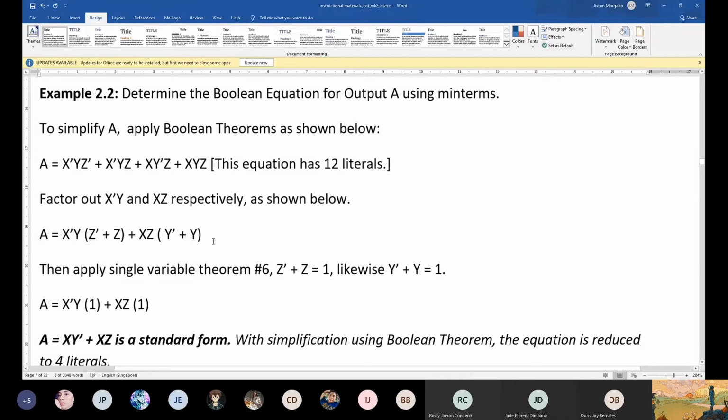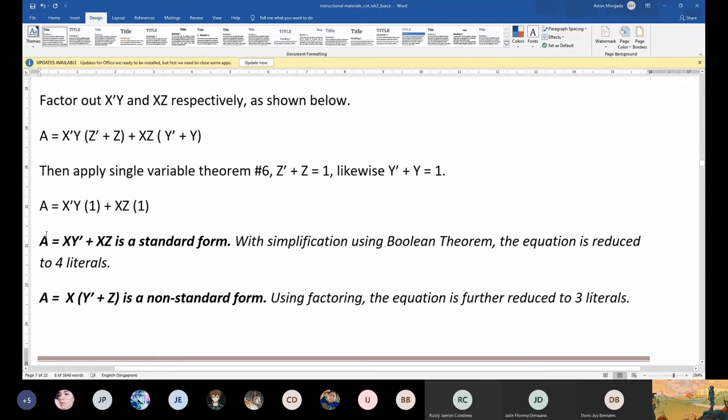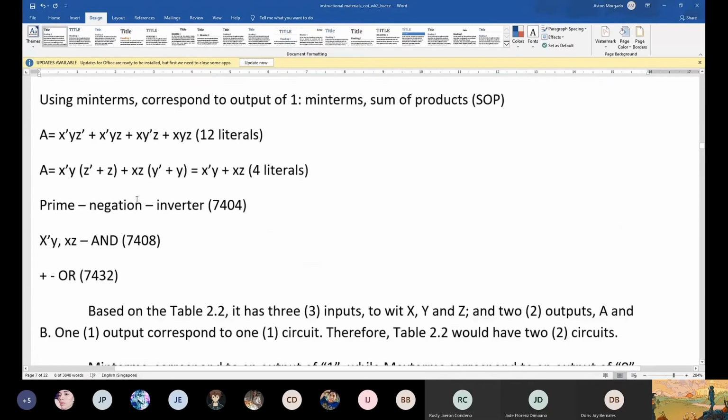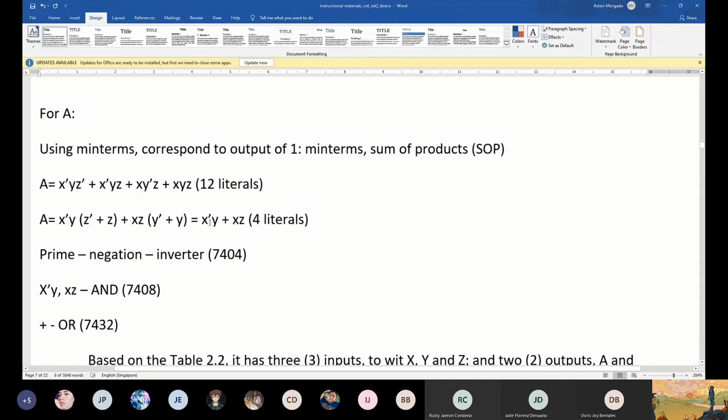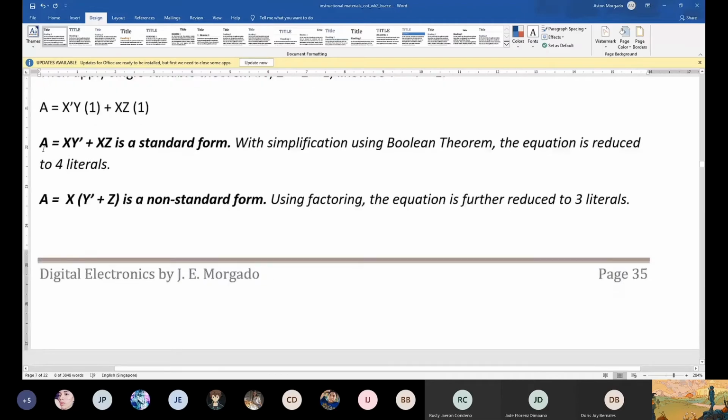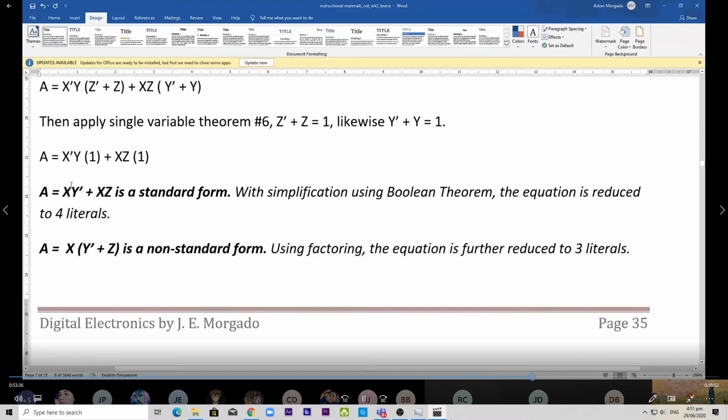So we do the simplification, then we apply theorem number 6, and therefore we have reduced it to xy prime plus xz. Am I right? No, I don't think this is right. Because what's the answer earlier? X prime y plus xz.